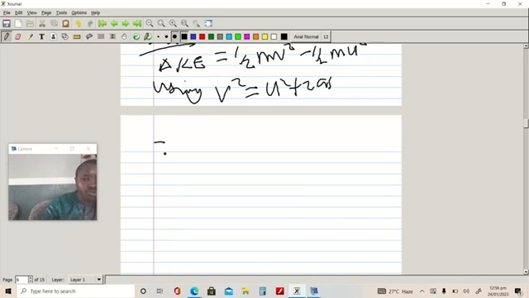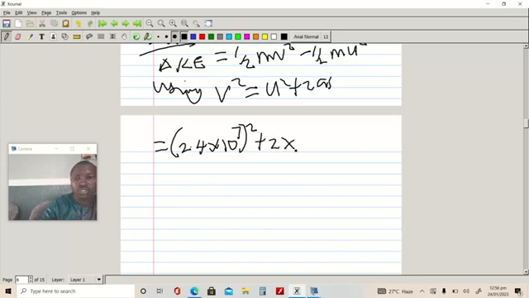Of course, if you put in the given values, you have 2.4 times 10 raised to the power 7 squared, that's your u squared, plus 2 times 3.6 meters per second squared times 10 raised to the power 15, then multiply by the distance. We convert 3.5 centimeters to meters, so it's going to be 0.035 meters.